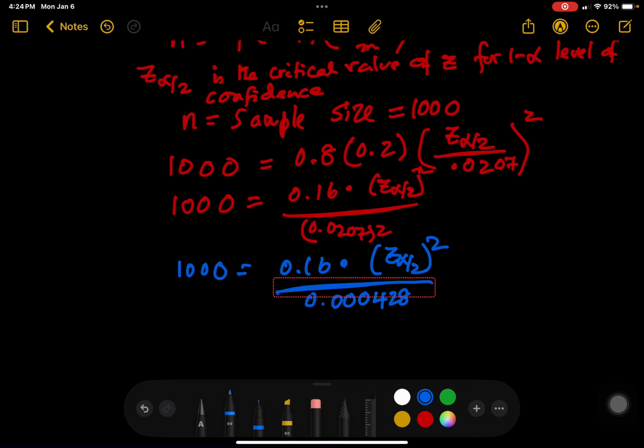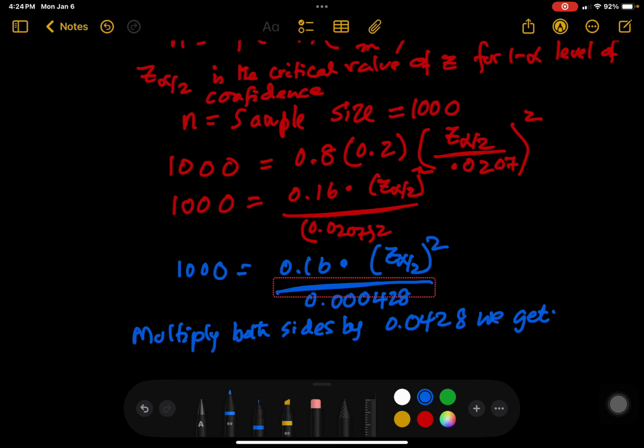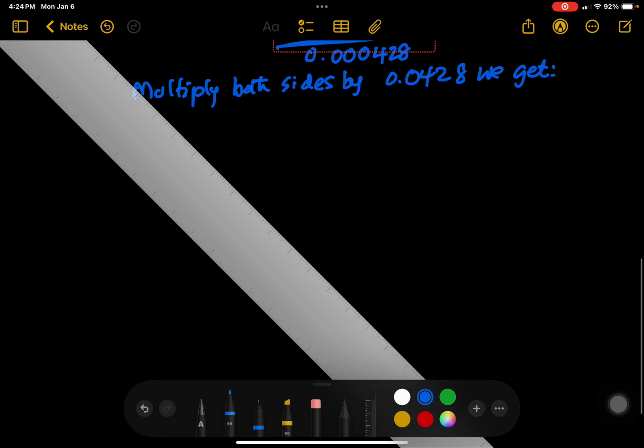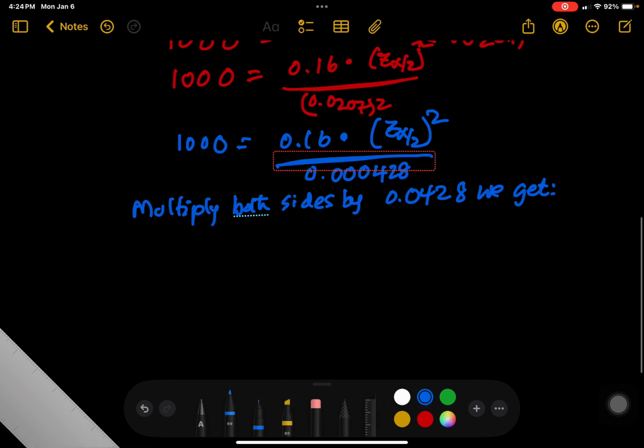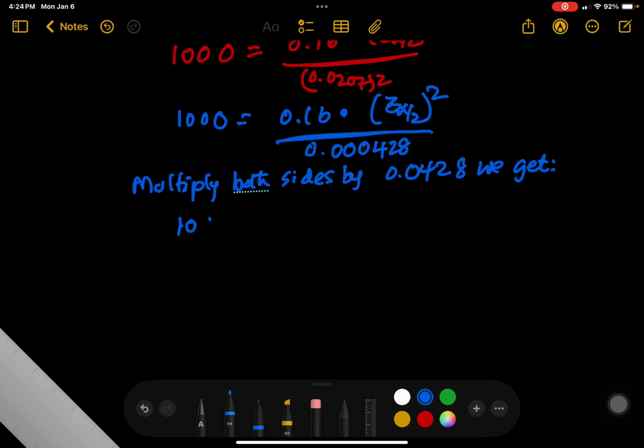Okay, now multiply both sides by 0.000428. I'm sorry, this should be, let me erase this.